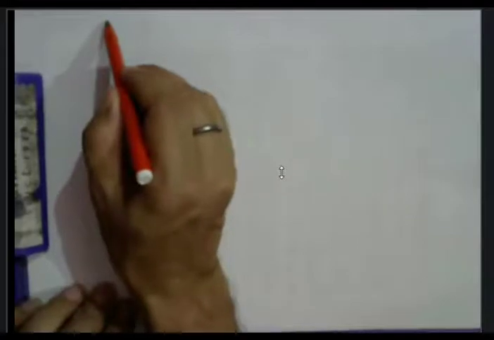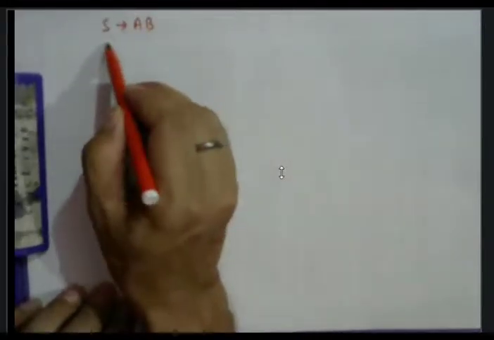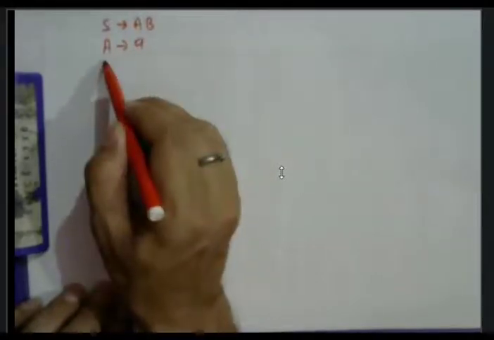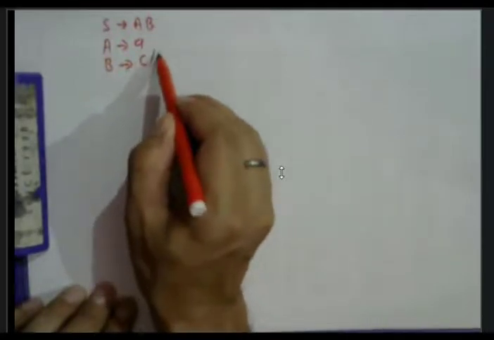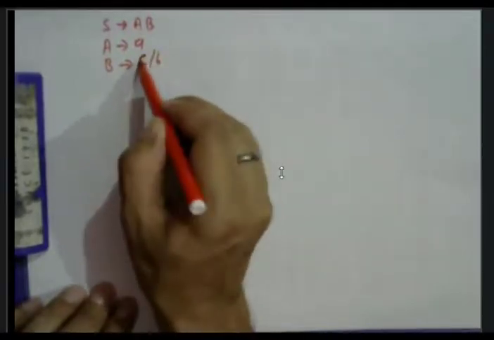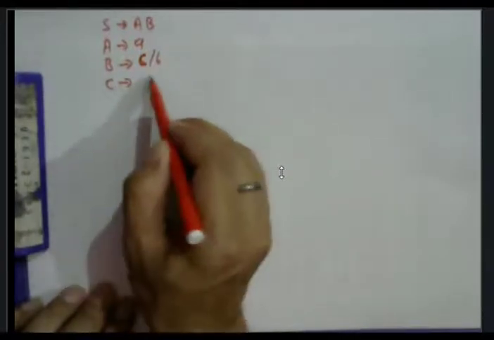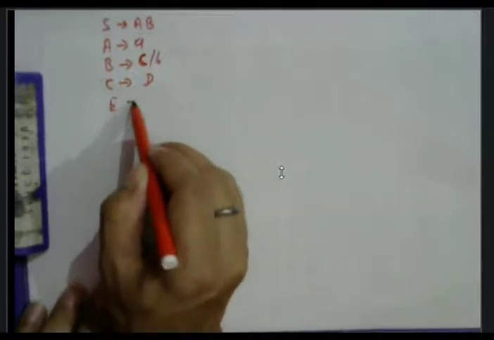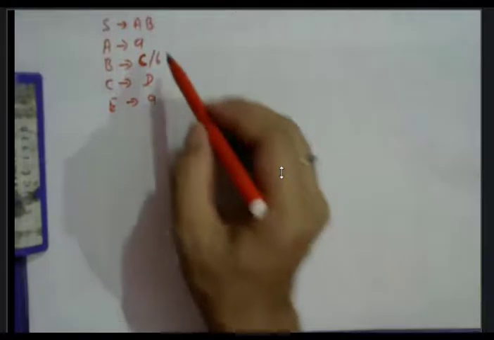S tends to AB, A tends to small a, B tends to C oblique B, C tends to capital D, E tends to small a. This is the grammar.